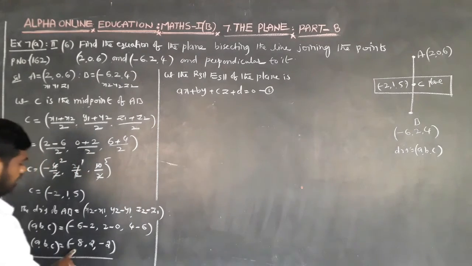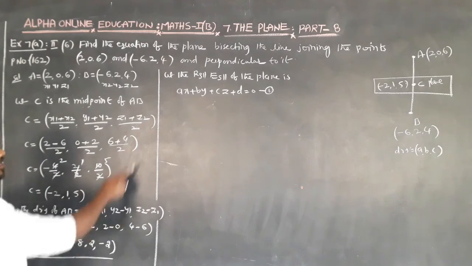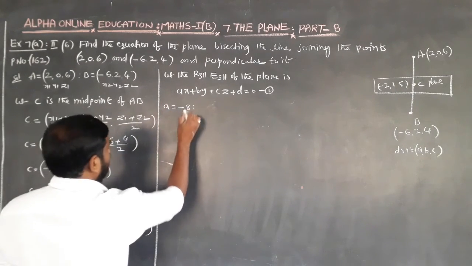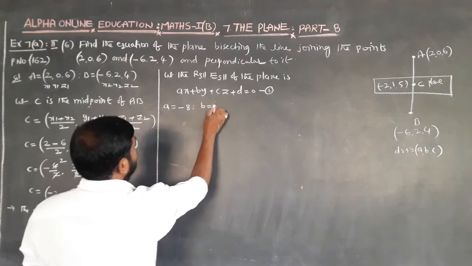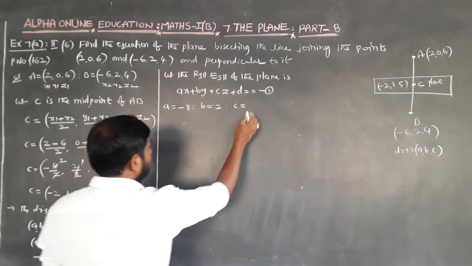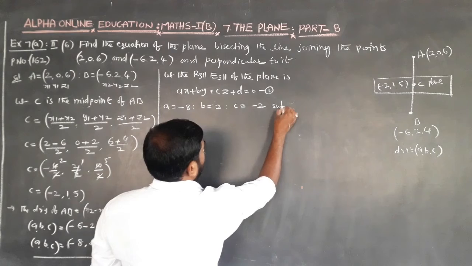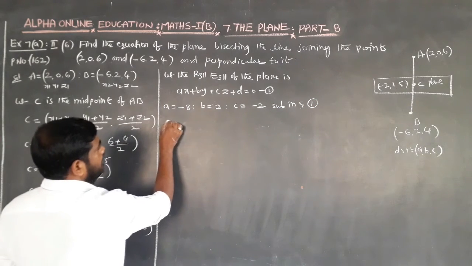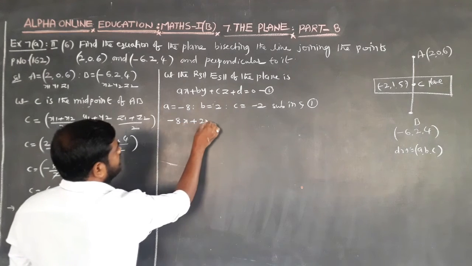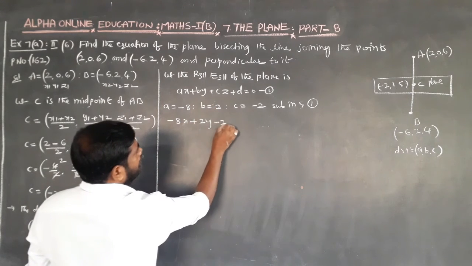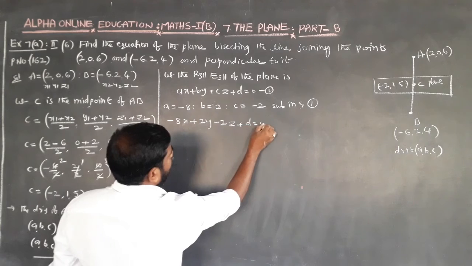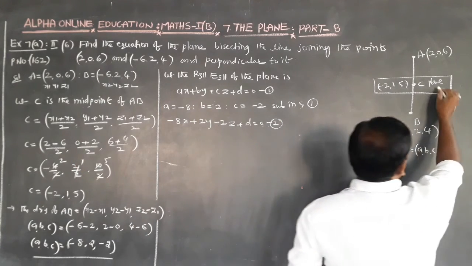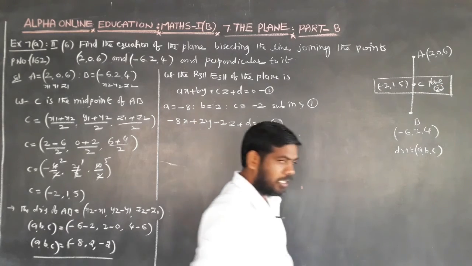Substitute a is equal to minus 8, b is equal to 2, c is equal to minus 2 in equation number 1: minus 8x plus 2y minus 2z plus d is equal to 0, which is the required equation of the plane.